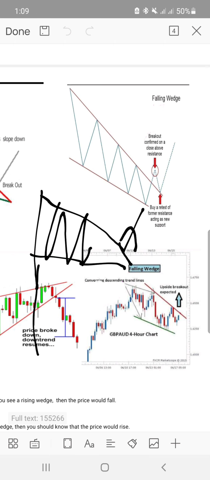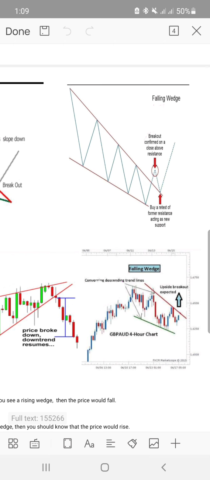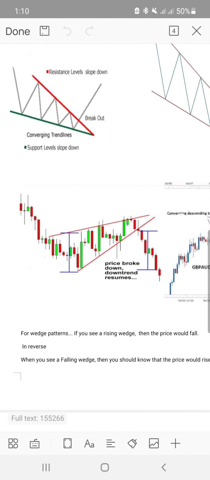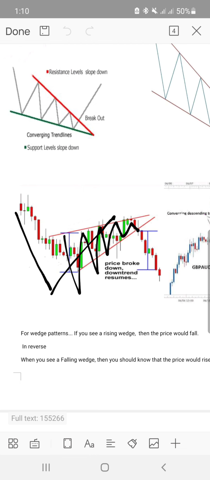The moment you notice price has broken out from this wedge, either up or down, that is where your entry is, right? Now, from this image, you can see that it says breakout confirmed on a close above resistance, right? That is this one, which is our entry for buy, right? Then in this case, notice that price went down, then formed this wedge. It ranged there.